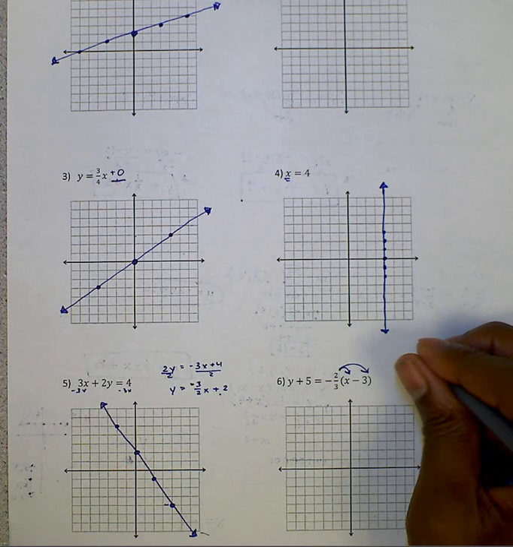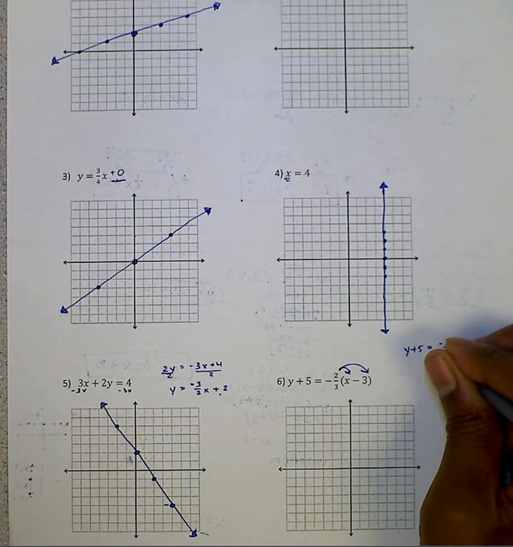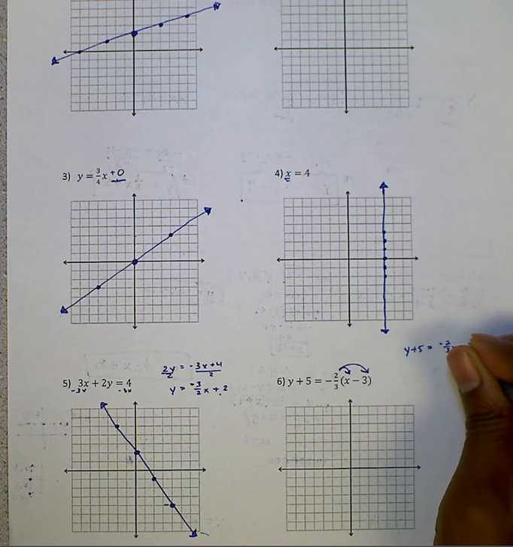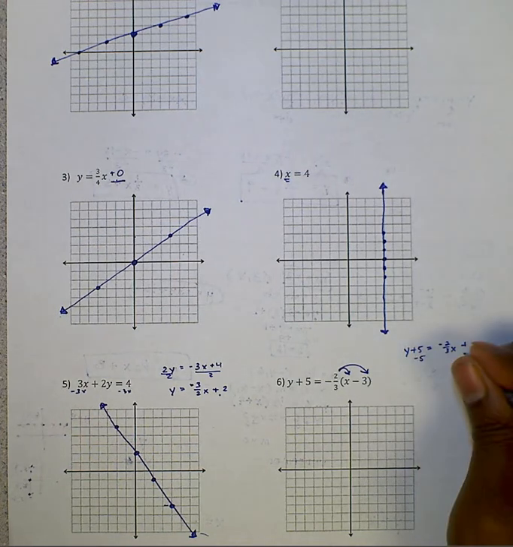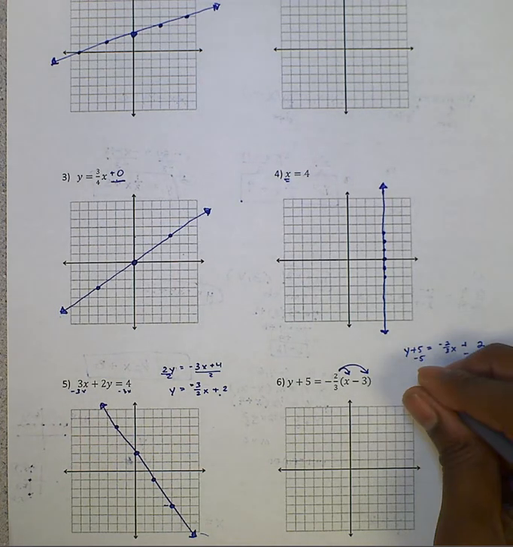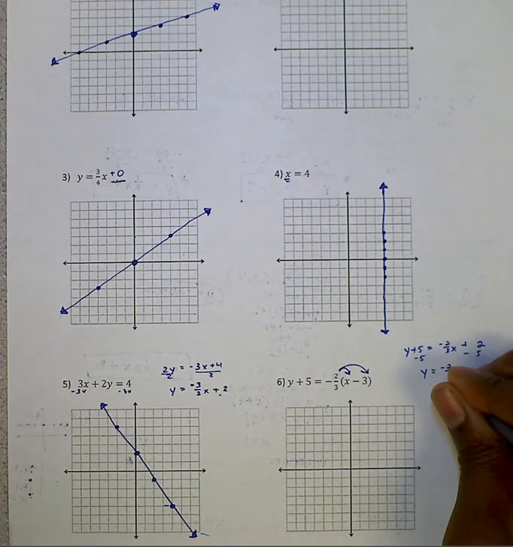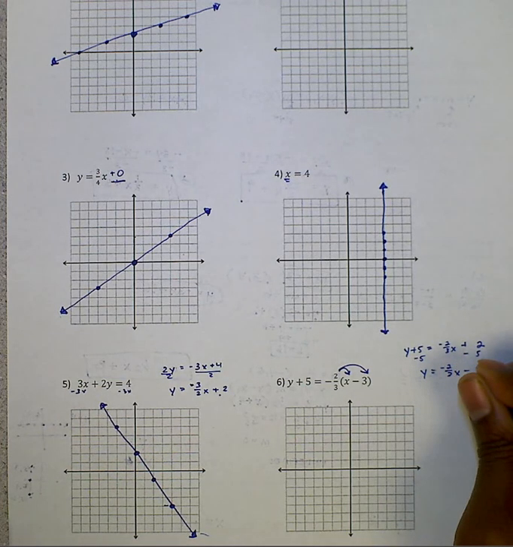And so we'd have y plus 5 equals negative 2/3 x plus 2. Then we get y all the way by itself by subtracting 5. And so y equals negative 2/3 x minus 3.